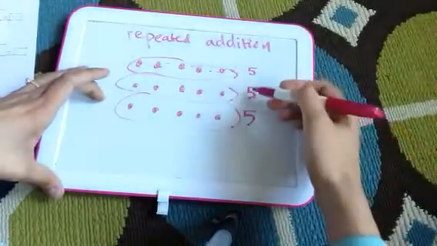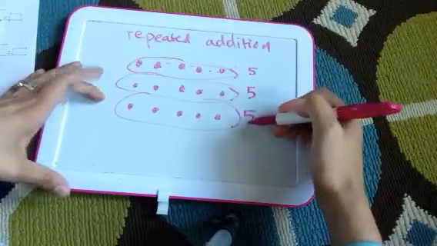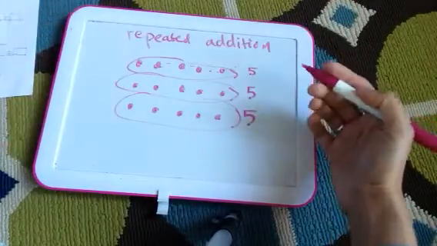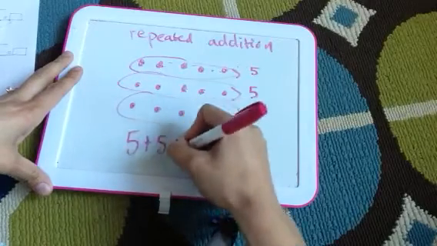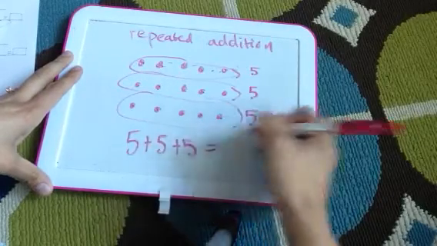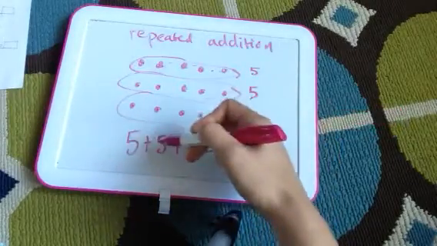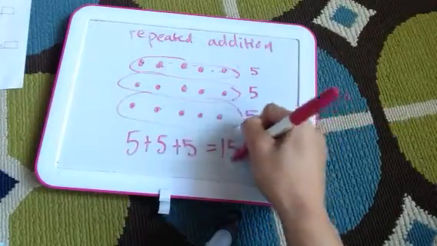If you were to add up all of this together, what is a repeated addition equation that you could write? Well, you got to say 5 plus 5 plus 5 equals, count by 5s, 5, 10, 15, equals 15.